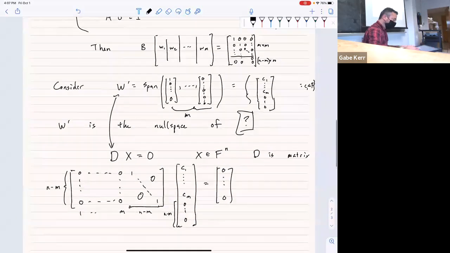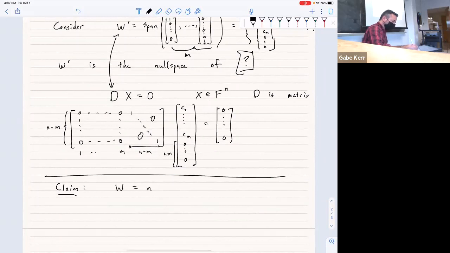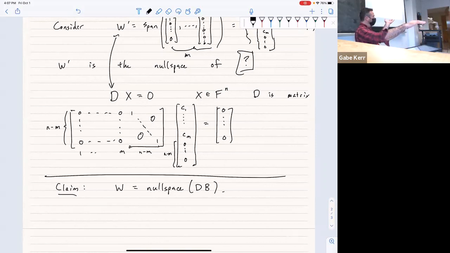So now I claim W is the null space of D times B. Basically, as I said, what B does is it rotates W to W prime, but it's an invertible operation.